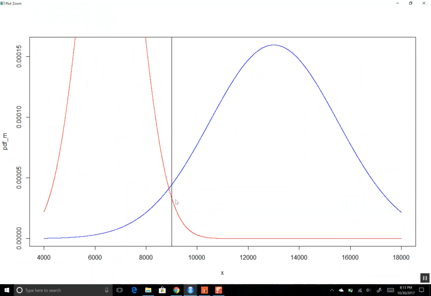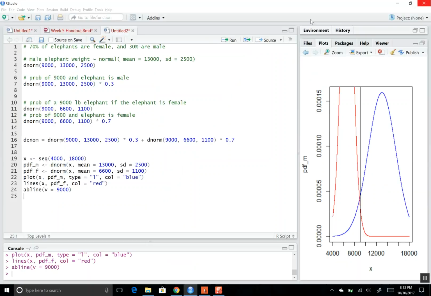Okay, so I don't know if you can see this, but at 9,000, it's just a tiny bit more likely to be male than it is to be female, according to the densities. But then we mix this in further with the fact that females are more likely to begin with than males, and so when we adjust this, if I did the PDF times 0.3 and the PDF over here times 0.7, we would get something different.